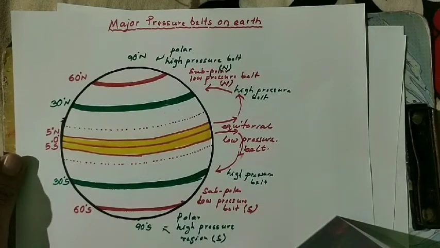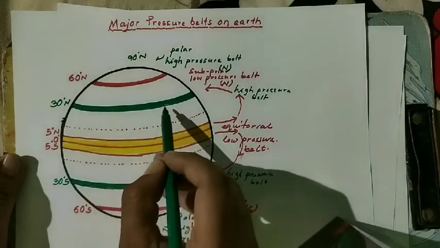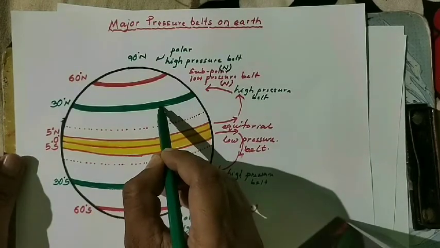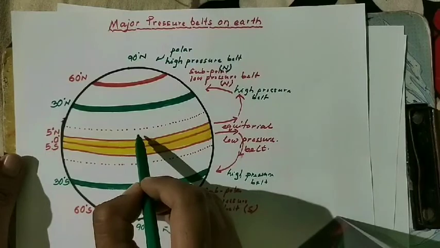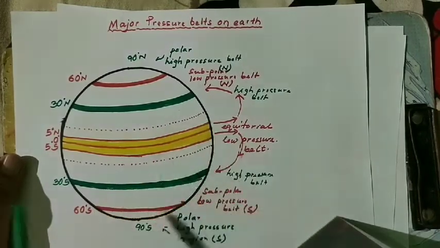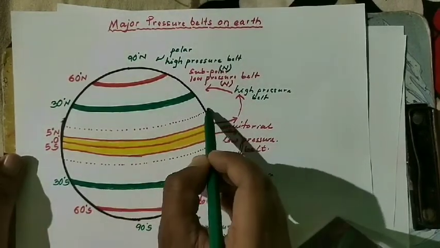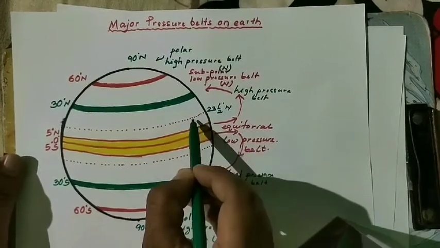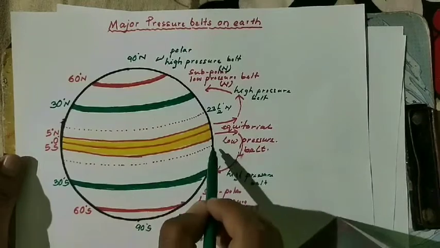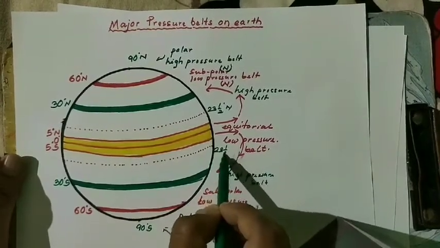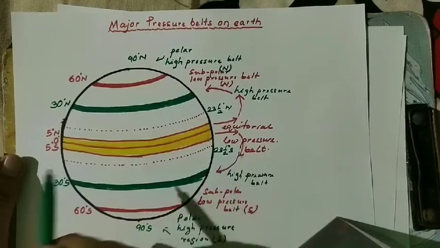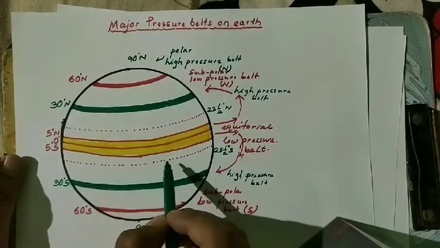Clear? Now, what can we name it? As this area, the 30 degree latitude area, is near our tropical area. On the northern side, at 23 and a half degree north latitude, that is the Tropic of Cancer. On the southern side, at 23 and a half degree south latitude, that is the Tropic of Capricorn.